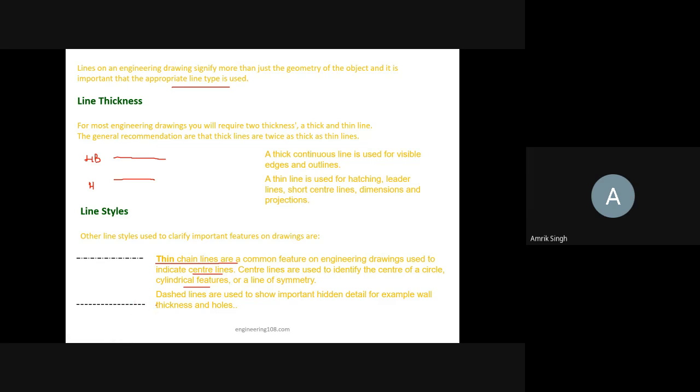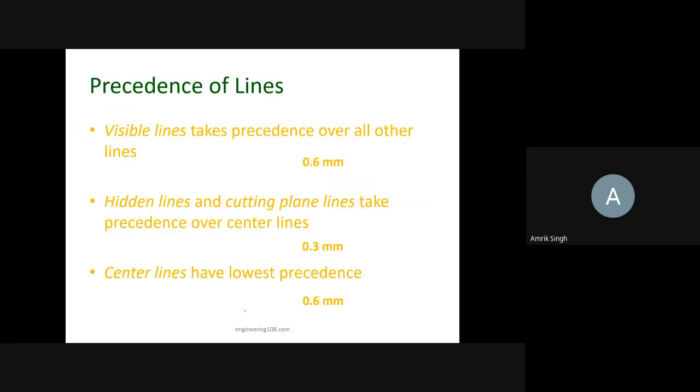Then the second type of line is a dashed line. Dashed lines are used to show the important hidden details, okay, so it may be wall thickness or holes which are not visible to us. Now, the visible line takes precedence over all other lines.